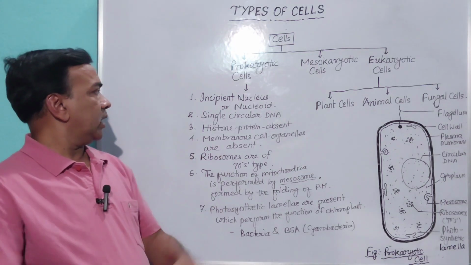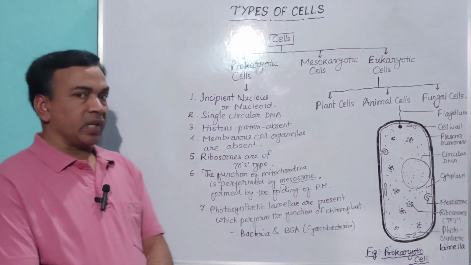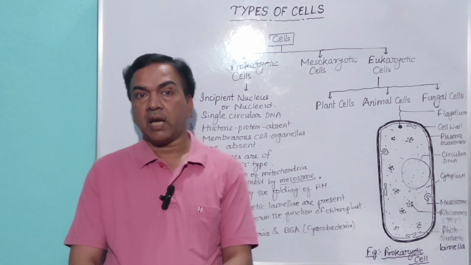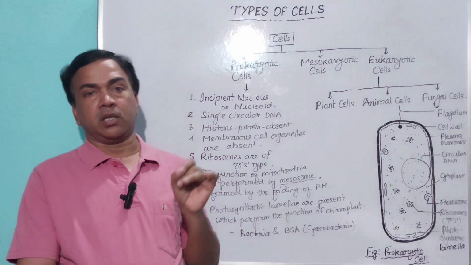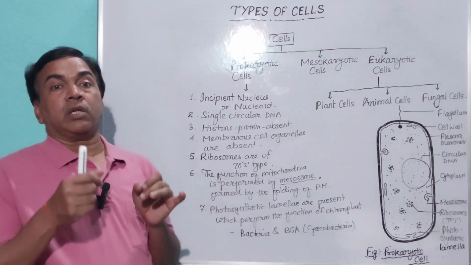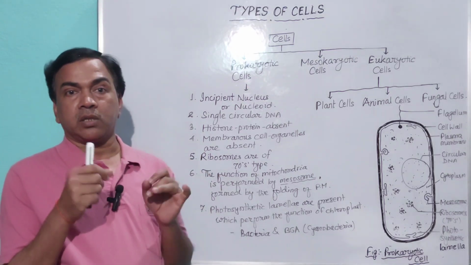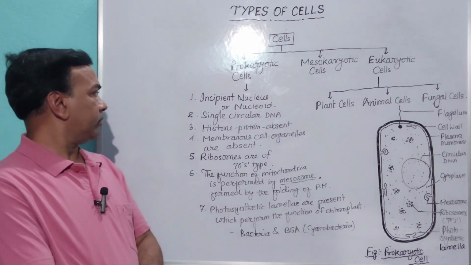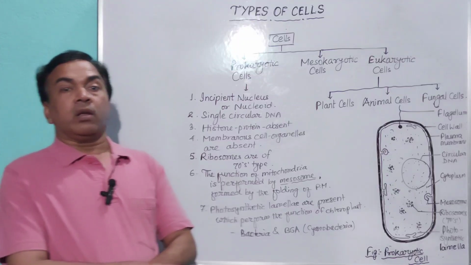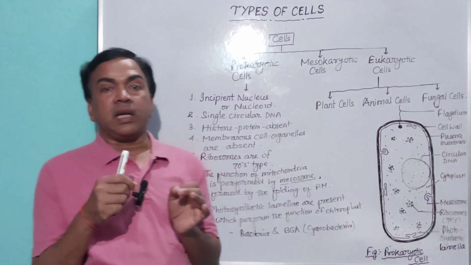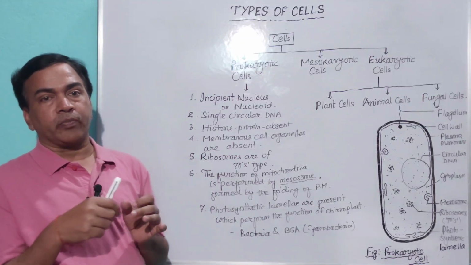The second character of prokaryotic cell is that prokaryotic cells have DNA which is single and circular. The third character is that prokaryotic cells lack histone protein.